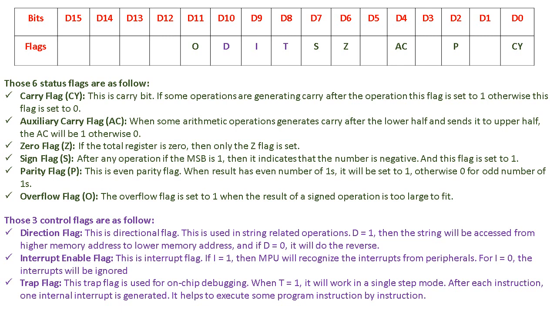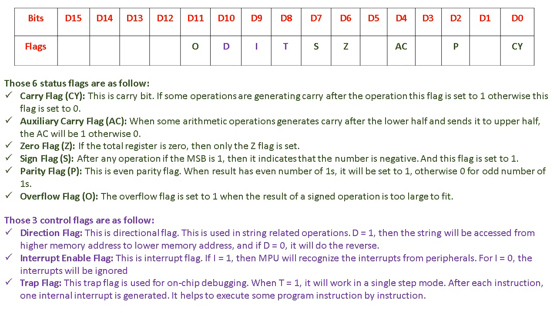Assume there are 4 ones, that means 4 is an even number, so the parity flag will be set to 1. If there are 3 or 5 or 7 ones, at that time the parity flag will be set to 0. Let us understand the overflow flag.